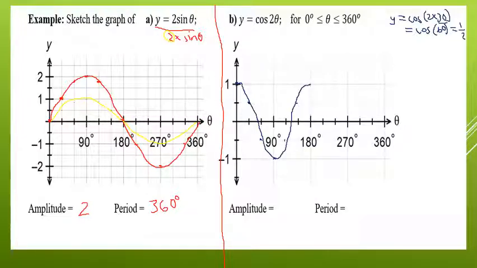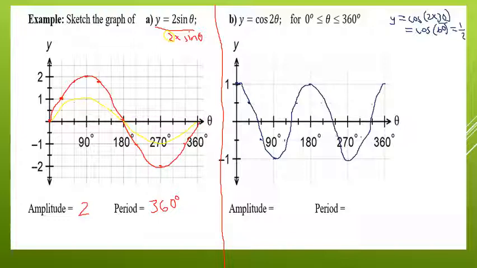That looks a bit like a cos graph, and what we find is it's going to go through these points. This is what the graph looks like. So we can use our calculator to plot these values. I've done it quickly.